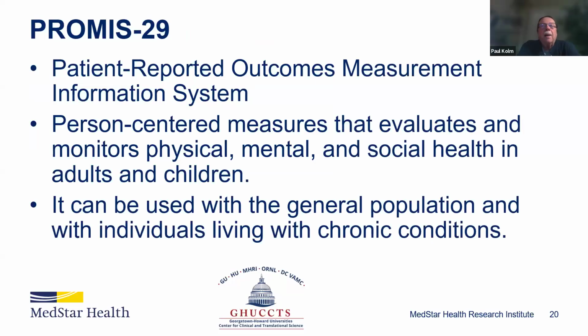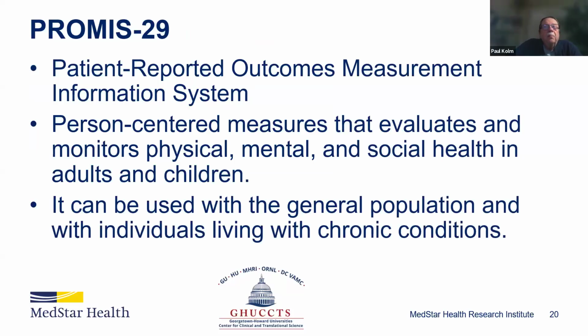So I'm going to give a couple more examples here to illustrate this. These are items from the PROMIS-29, the Patient-Reported Outcomes Measurement Information System. I'm not terribly familiar with this, but I'm assuming the 29 means there are 29 items that you probably rate on a rating scale.